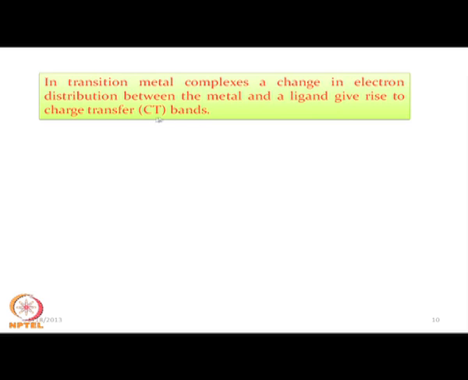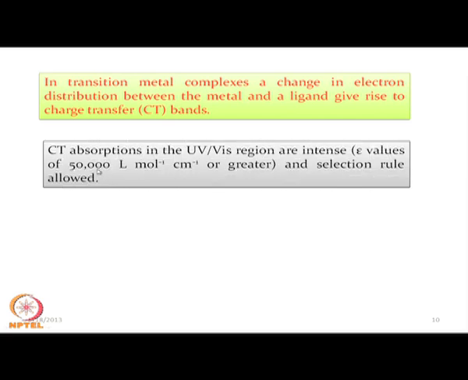How do we get that? These levels involve the metal as well as the ligand. These charge transfer transitions we basically see in the UV visible region, a high energy region, that means less than 400 or 420 nanometer. They are highly intense because the corresponding energy values, E1 and E2, are very high compared to the d-d transition.